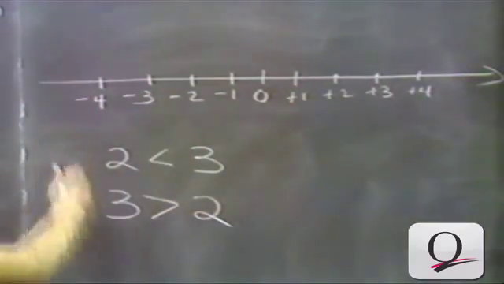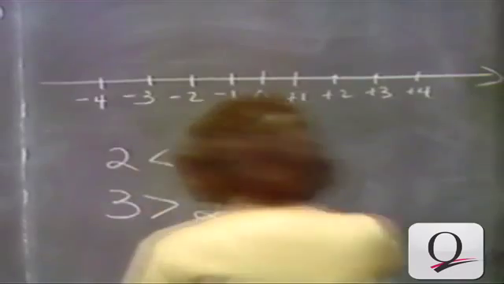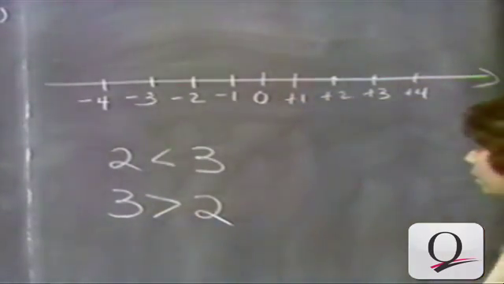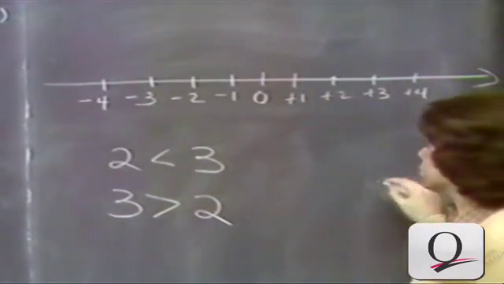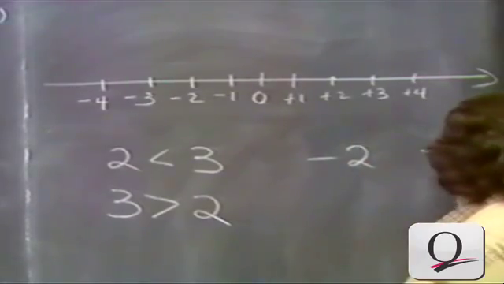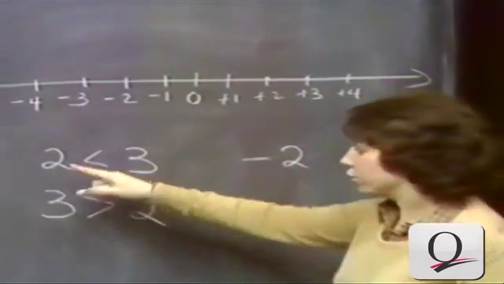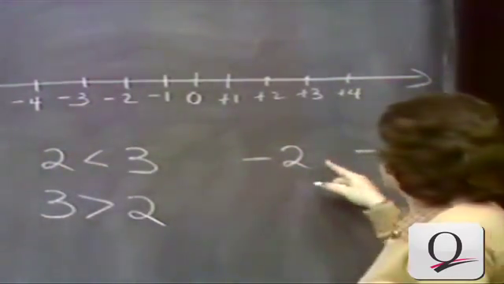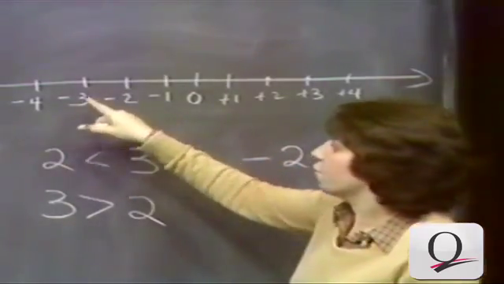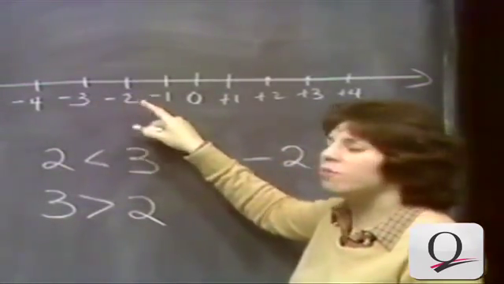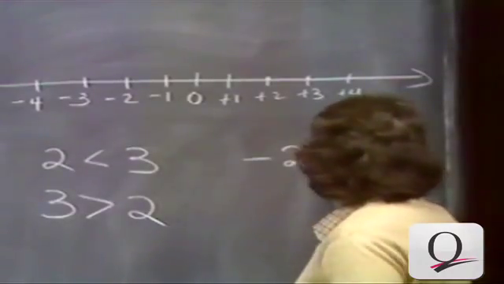Now let's see how that works with the negative numbers. The positive numbers most people have no difficulty with. Let's look at the numbers -2 and -3. While 2 is less than 3, -2 is to the right of -3. Therefore, -2 is bigger than -3.